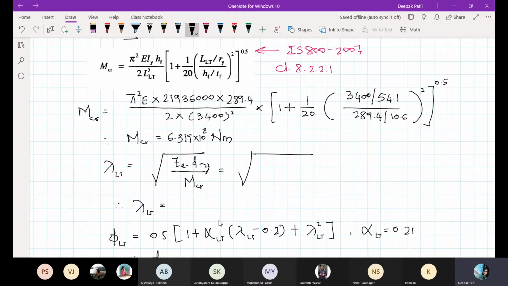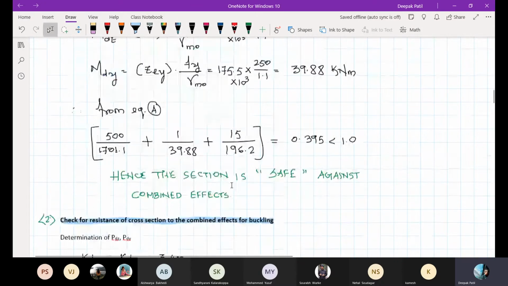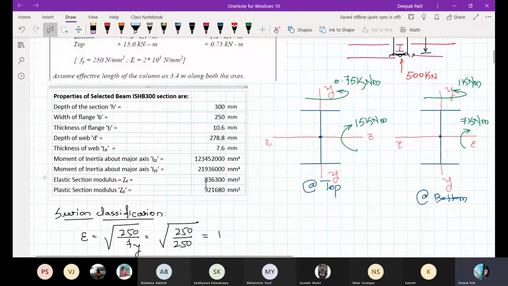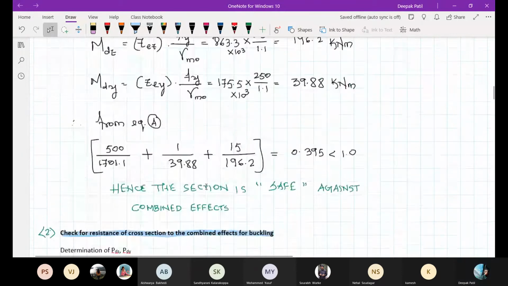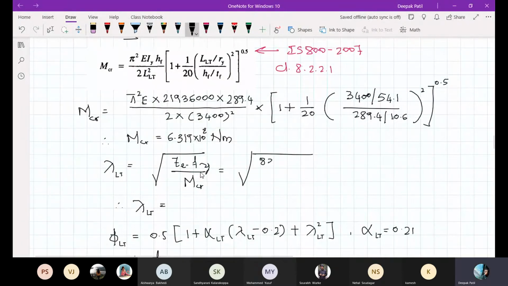Then you can calculate lambda LT, which is ZD times Fy divided by MCR. ZD is the elastic section modulus, which is from the properties: 836,300. So 836,300 times the yield strength Fy, 250, divided by MCR, which is 6.319 into 10 raised to 8.